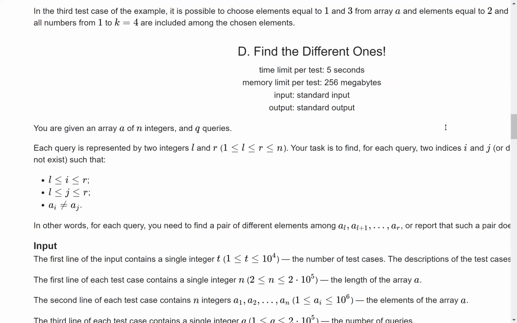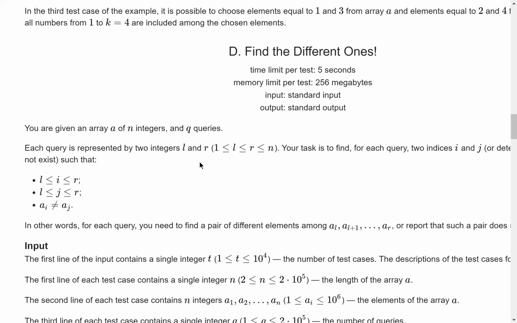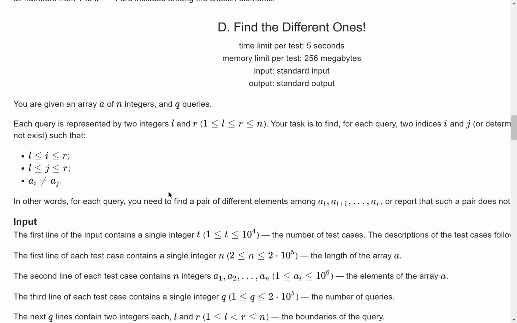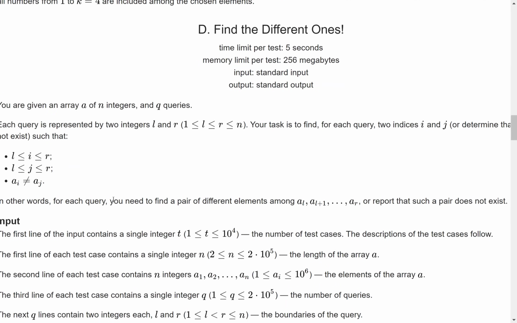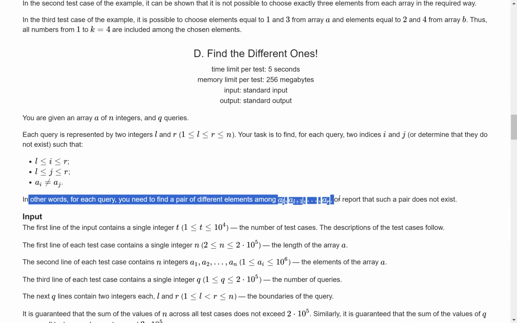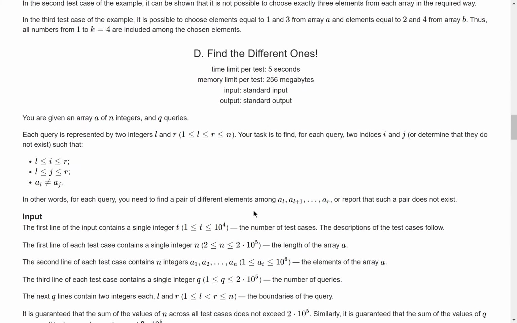Both i and j should be in the range from L to R, and the values on those indices should be different. In simple words, for each query, we have to find a pair of different elements among the elements from AL to AR, or report that such a pair does not exist.